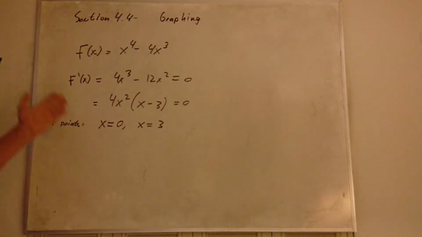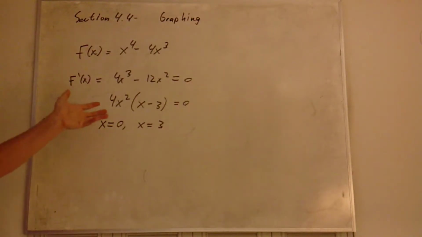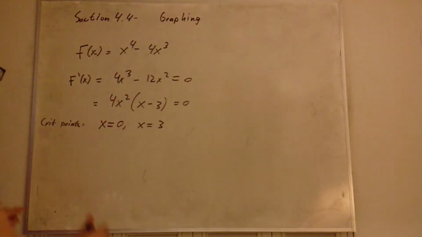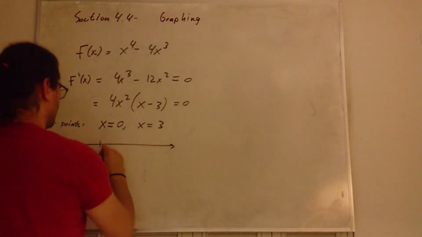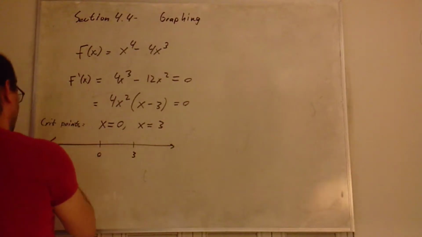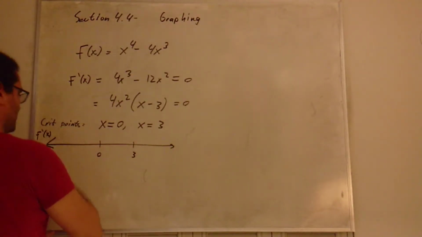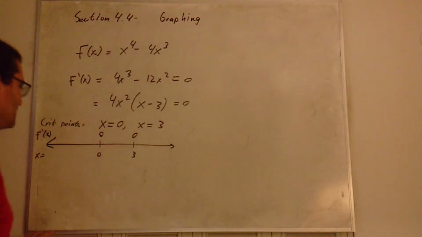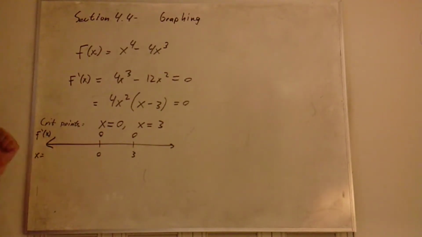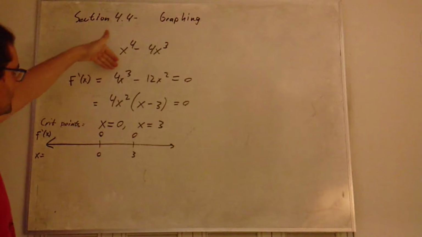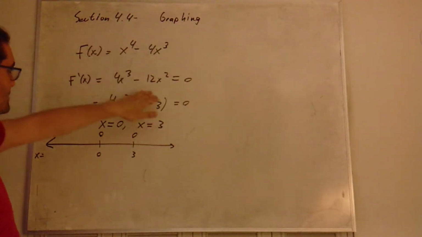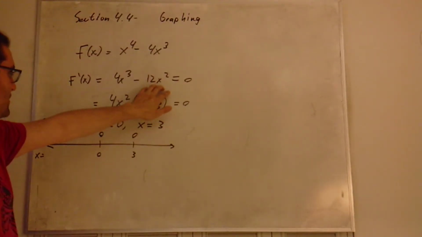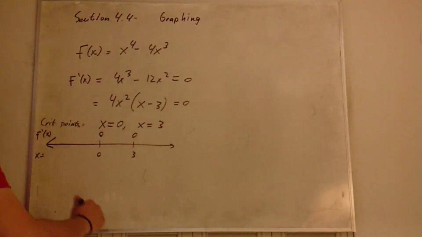So I need to use either the first or the second derivative test to determine whether these are maxes or mins. For this problem, I'll use the first derivative test. We have 0 and 3, these are x values. Above them, I will put derivative values. The derivatives here are 0 and 0. When x is a big negative number, something like negative 10, the derivative will be negative 40,000, very negative.